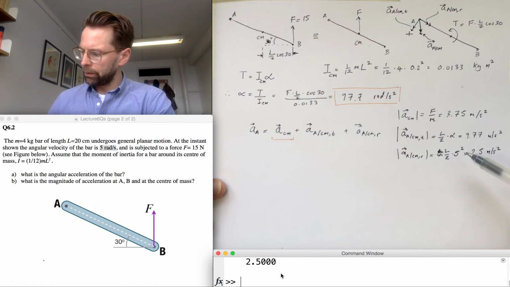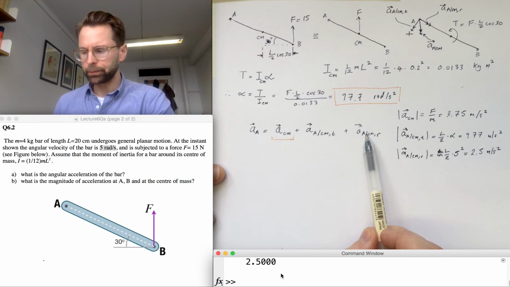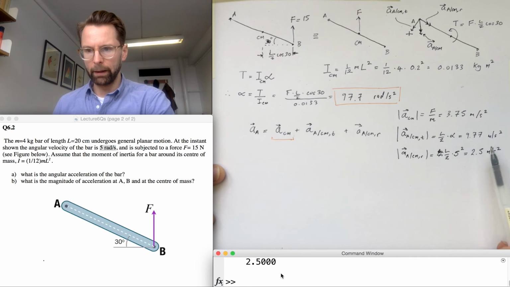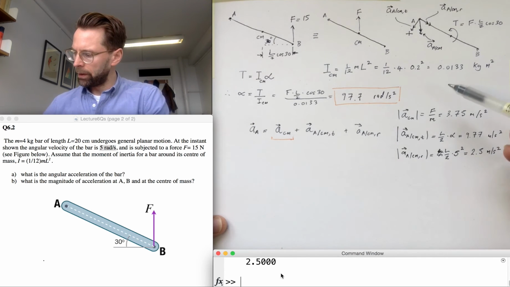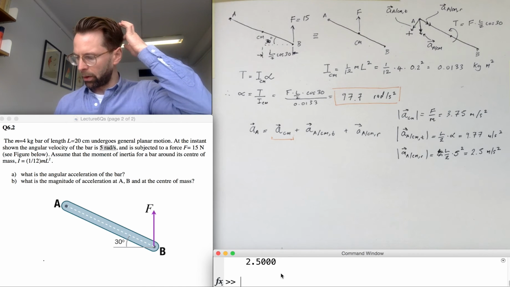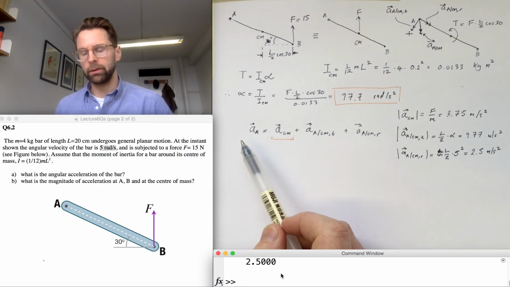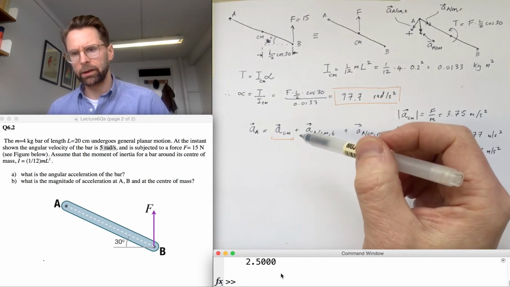Okay, so we've now got the magnitudes of each of these three components, and they are there. Now I could construct an elaborate vector polygon to work out what the acceleration of A is, but actually in this case it's easier just to resolve in the two directions.